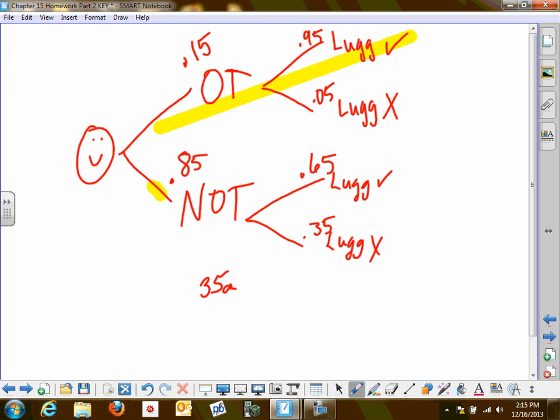But if you don't leave on time, then the probability changes to just 65%. So that's the key. If the probability is changing from 95 to 65, probability changing, therefore they are not independent. Probability changing has to do with independence.